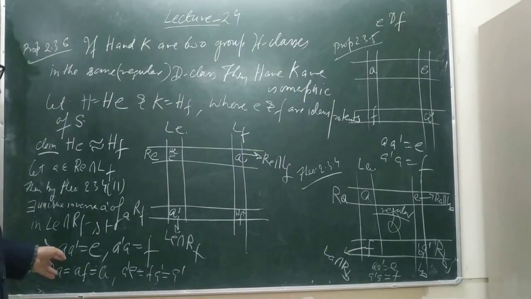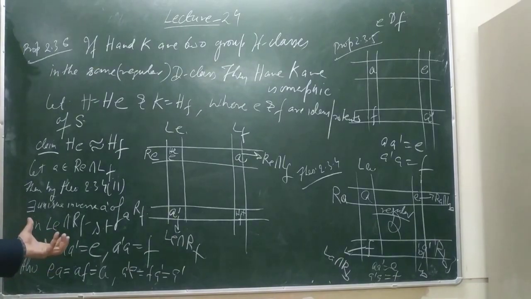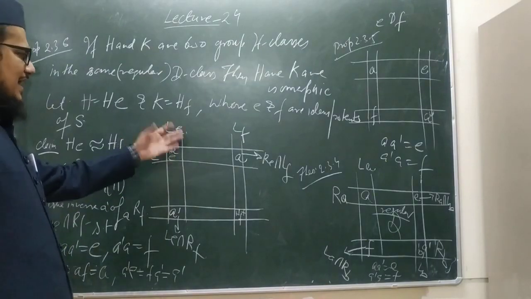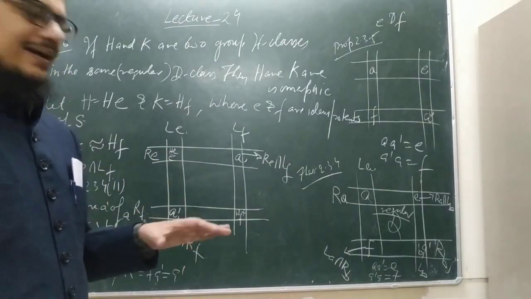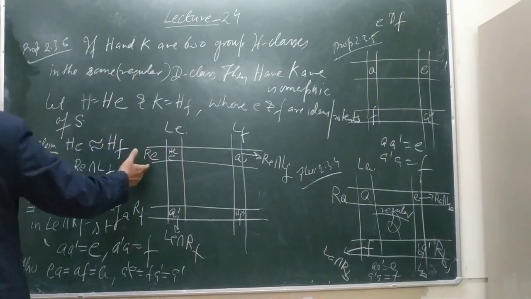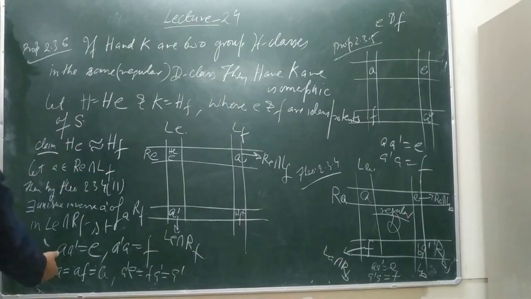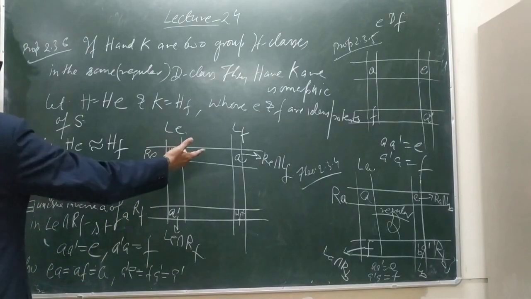Why? Because we know that EA is equal to A. E acts as a left identity. Why? Because E is in RE. Idempotent E acts as left identity for RE. So you take E into A, A is a member of RE.